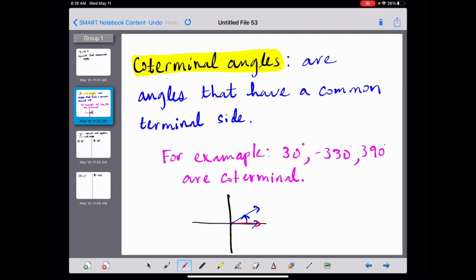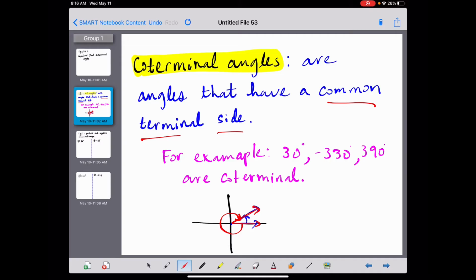So that's going to be, okay. You see the 30 degrees and the negative 330 degrees have the exact same terminal side. That's why they are coterminal, because they have a common terminal side, okay? So that's what it means.